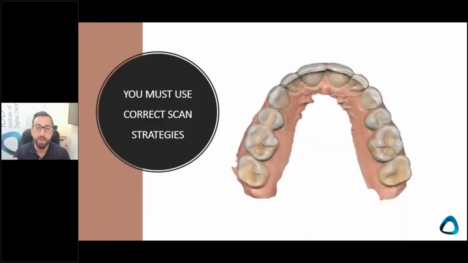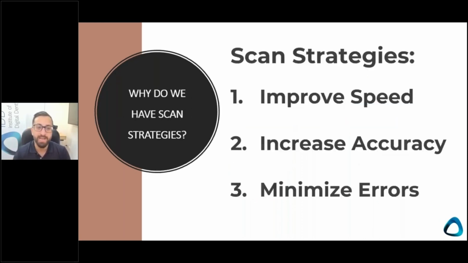What do you do? First and foremost, you need to use correct scan strategies. I know this is a topic that's talked about all the time, and I'm also aware that in the Medit software, there is smart stitching and all these AI features that allow you to get around scan strategies. But without a doubt, the reason why we have scan strategies is it improves your scan speeds.